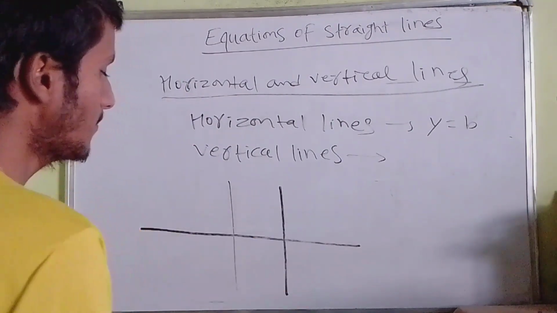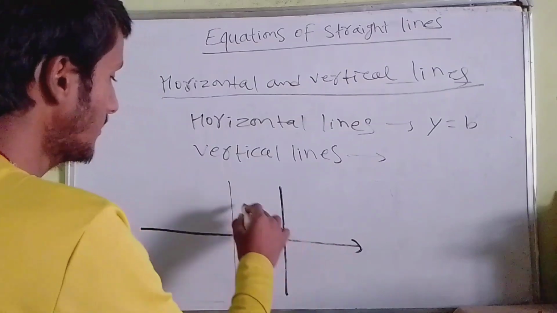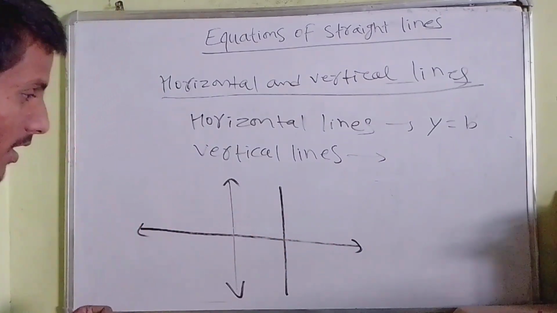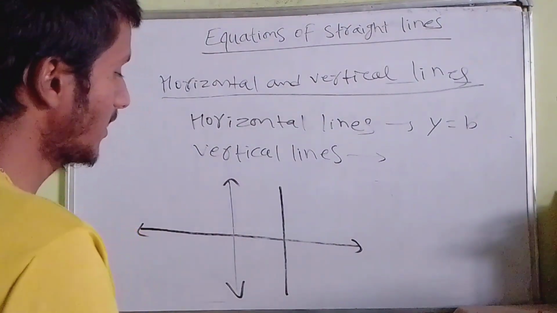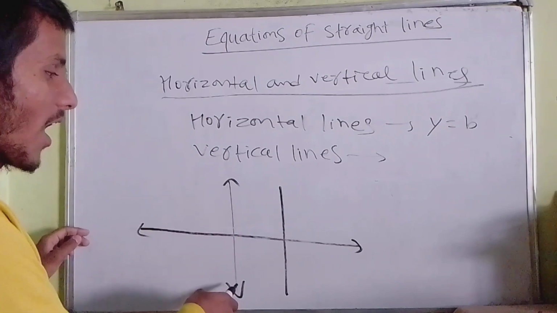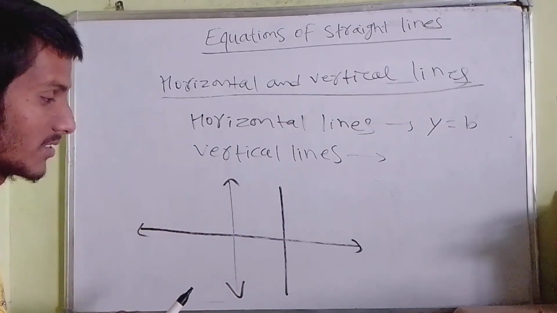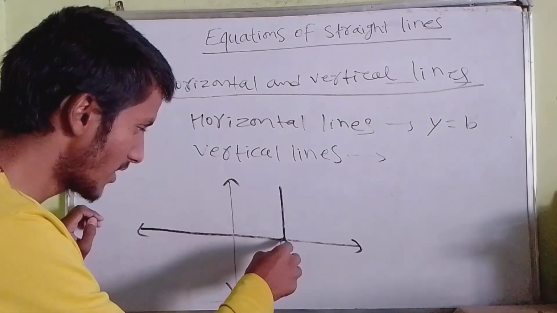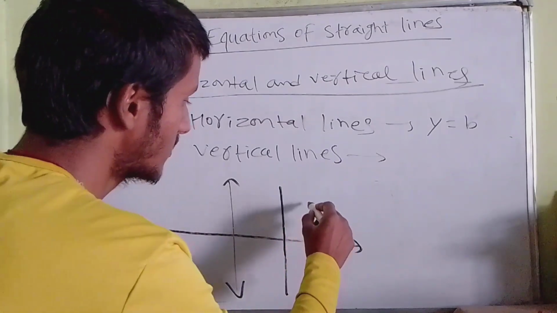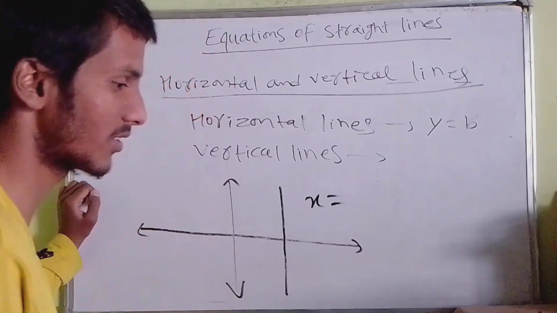This is a vertical line on the xy plane. This is our xy plane. Actually, the line is bigger than the xy plane. As you can see, at any value of y, the x doesn't change in this case. So what is constant here? It is the x value. So this is nothing but x is equal to a constant.